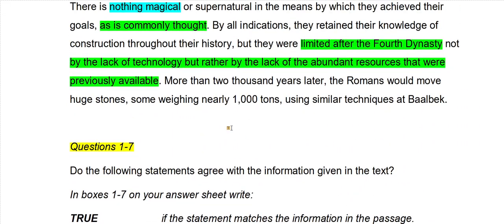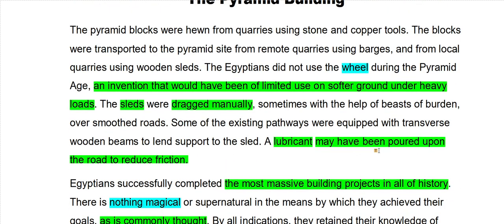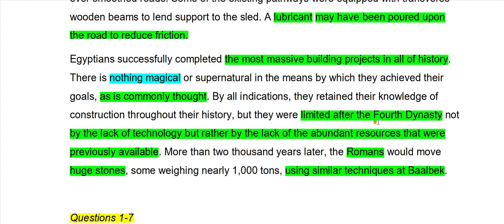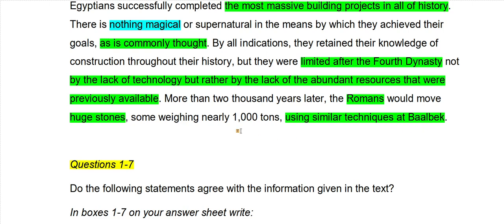So moving to the paragraph: more than 2000 years later, the Romans, so here is our keyword, Romans, would move huge stones. So they also moved huge stones, some weighing nearly 1000 tons, using the same techniques at Baalbek. Okay, so Baalbek, meaning to say Egyptian. I am just checking if anything is written about Baalbek, but Baalbek just means Egyptians.